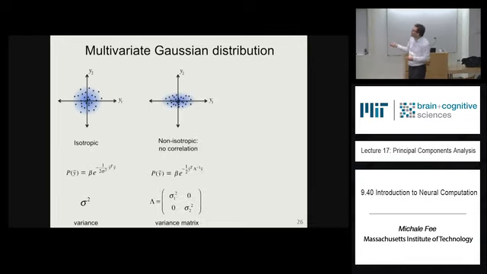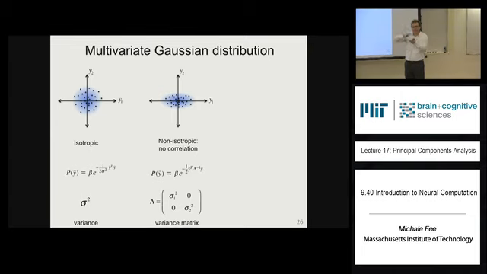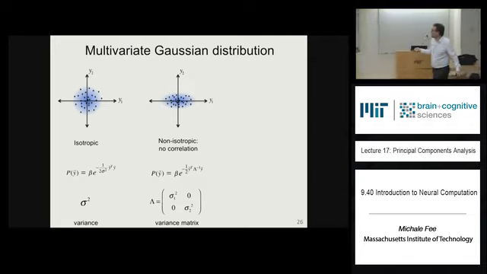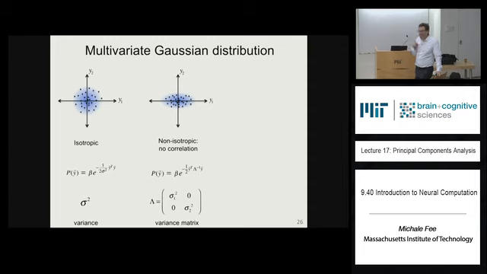We're then going to build a Gaussian distribution that can be stretched arbitrarily along these two axes, y1 and y2, using a transformation with a diagonal matrix.